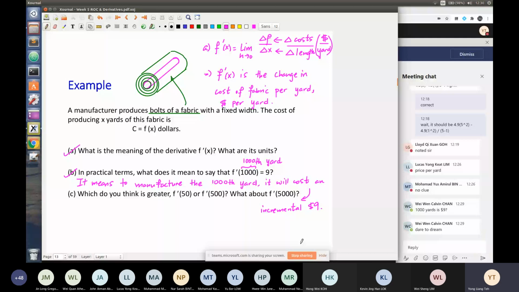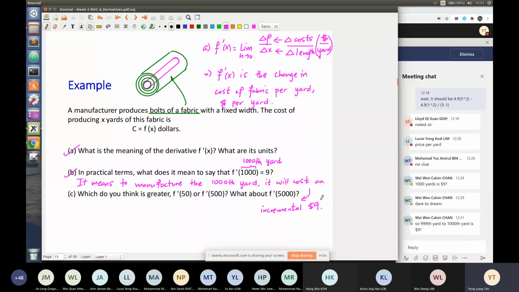Is that right? Okay. So therefore, this really means for the 1,000 yard, if you want to produce that additional 1,000 yard, you will need to spend an additional $9. Okay, yes, you can say that.